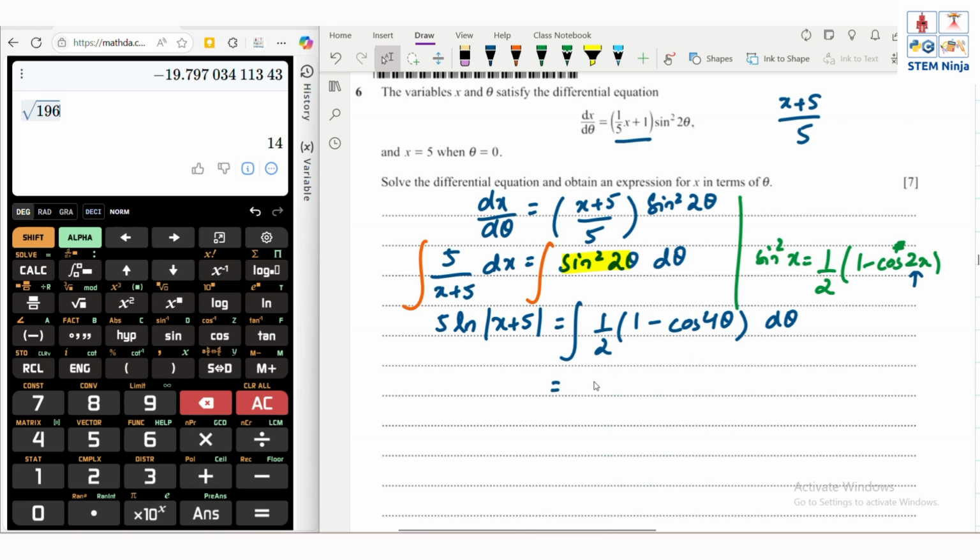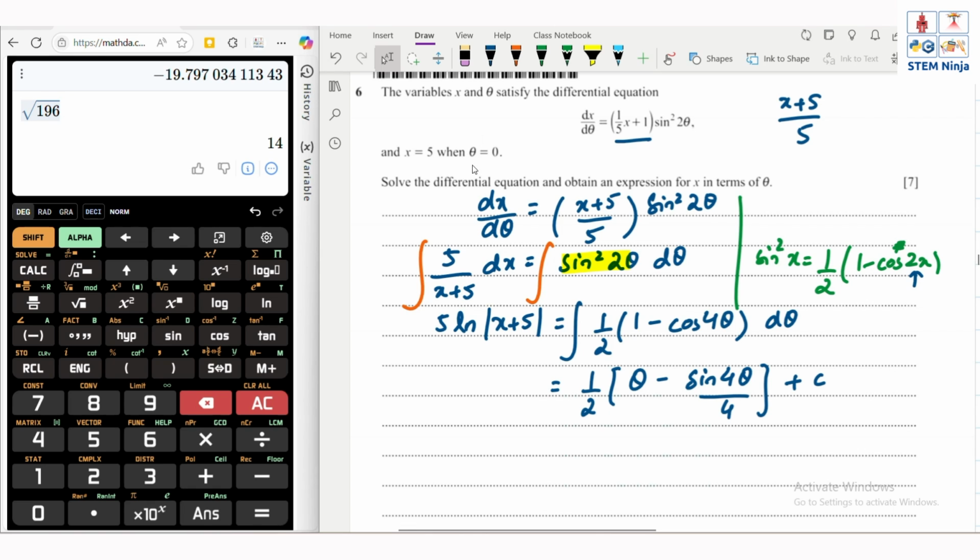So when we integrate, 1 over 2 remains outside. This becomes theta minus the integration of cosine, which is sine, so sine 4 theta divided by 4, because we have to divide by the derivative of 4 theta, plus c.